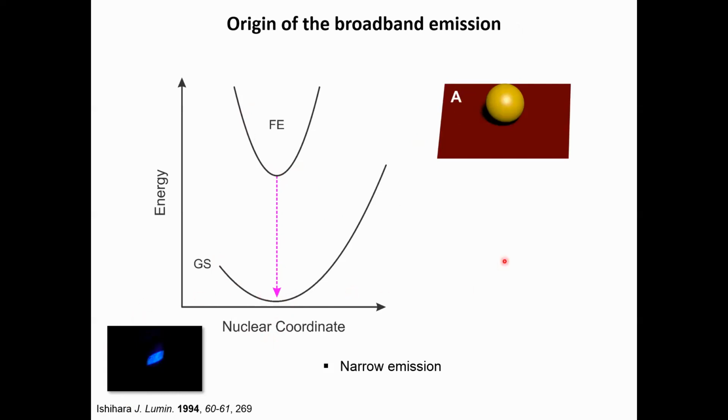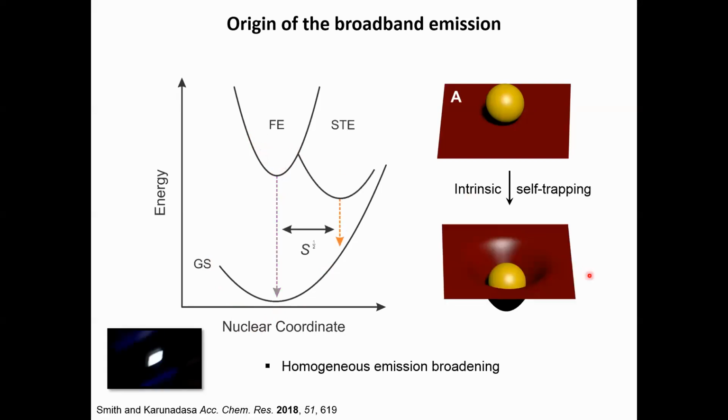What we encountered was a case where you still start from the ground state. You do still excite into this excited state that geometrically looks very similar to my ground state. But then in the excited state, the ball sinks. So now I have a self-trapped exciton state, an excited state that is now more stable than my ground state.